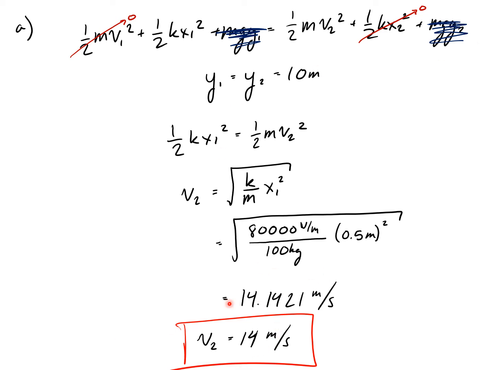So we've calculated our velocity at 2. Now we want to go into part B, and we want to solve for the distance we are traveling on the incline. So I'm going to do a couple pieces of math before I go through and solve this question. I'm going to first write out the conservation of energy. So I'm going to compare point 1 to point 3.